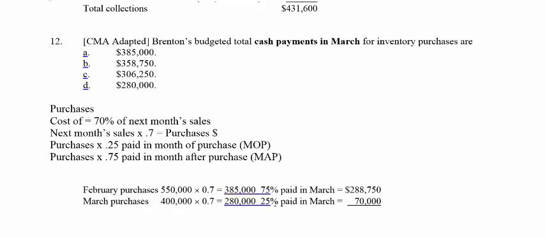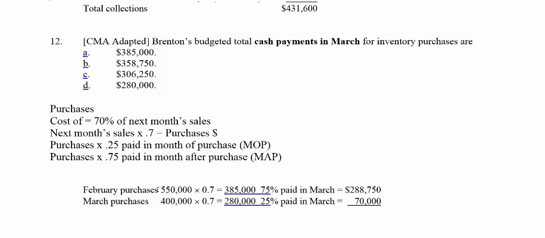But we know that we've also got some purchases that would have been made earlier that are going to be paid in the month after purchase. That relates to the February purchases that are going to be paid in the month of March. So what purchases were made in February?